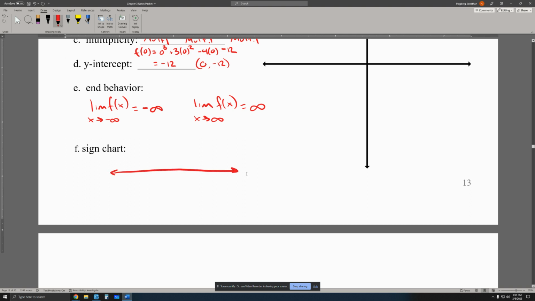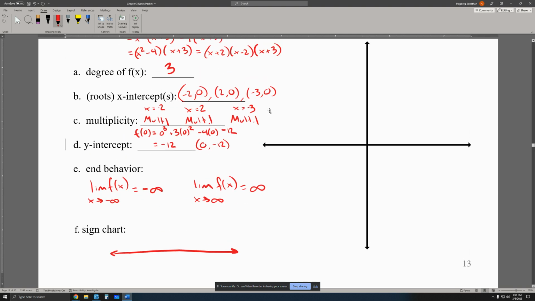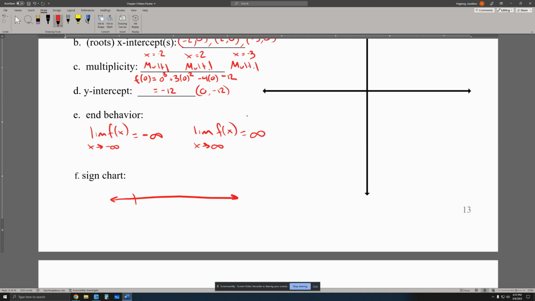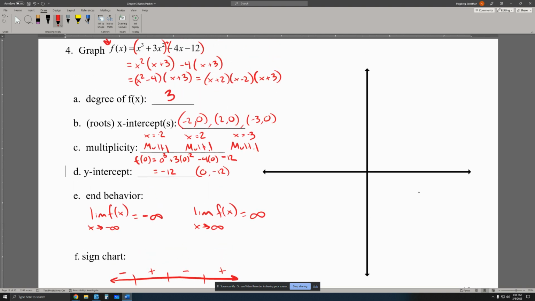We have zeros at x equals negative 3, negative 2, and 2. Left-hand side is approaching negative infinity. Right-hand side is approaching infinity. At all of these, the sign flips. They're all multiplicity 1. So we're going to go from negative to positive to negative to positive. Okay, I'll do that quick check. Is our y-intercept negative? Yes, that interval containing our y-intercept is negative. So this checks out.